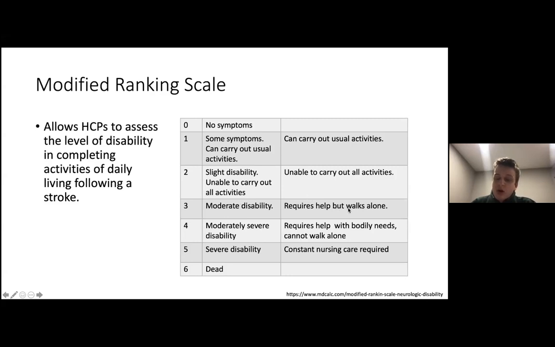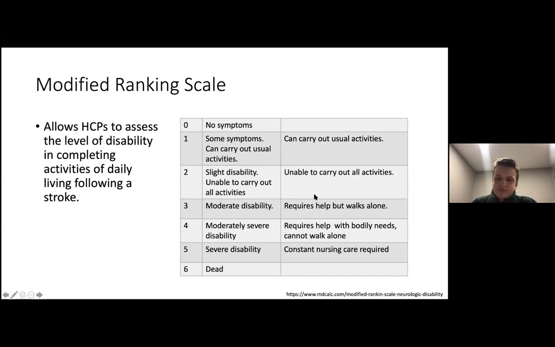3 can walk alone, which is a big benefit to people post-stroke, to have that independence. 2, unable to carry out all of the activities, but can do a lot for themselves. And 1, just some symptoms. So there's a huge spectrum, and it really depends on how big the stroke was at the time and how quickly it was treated.